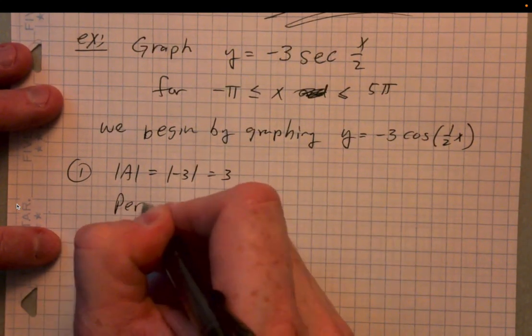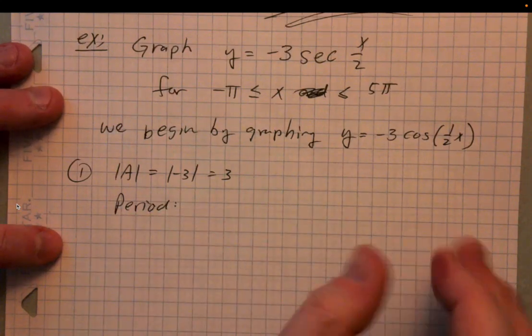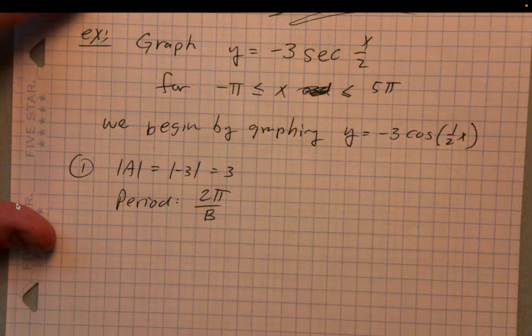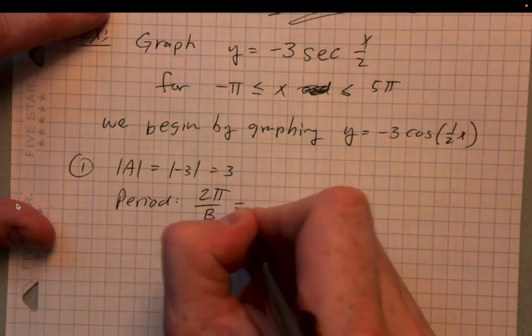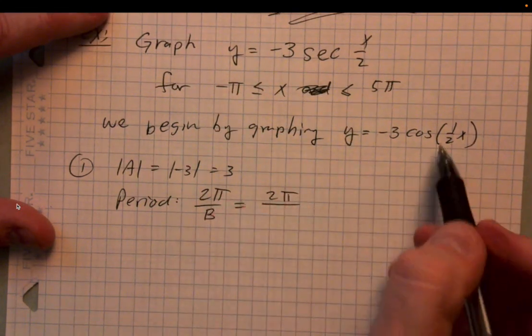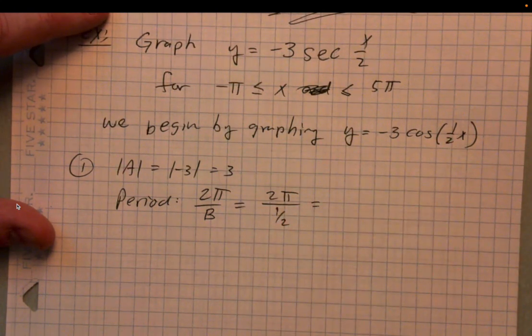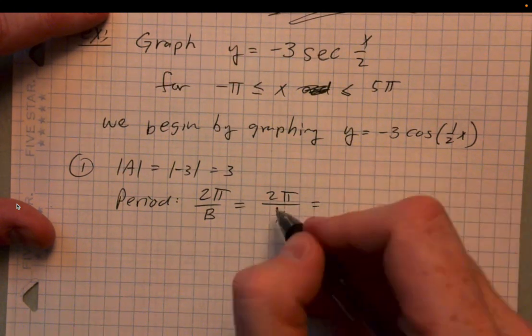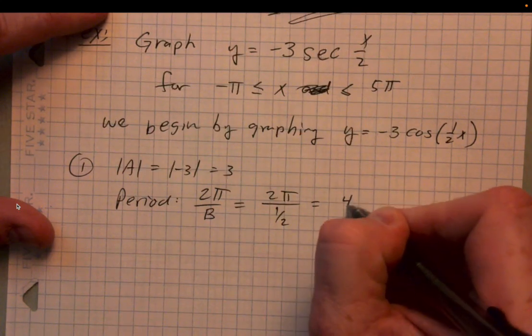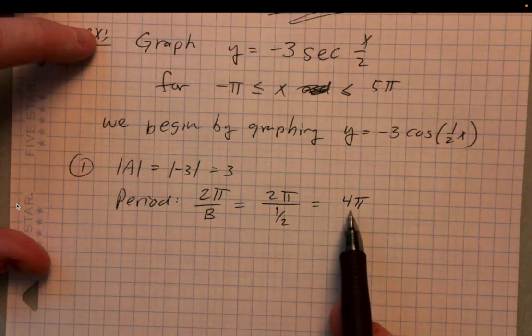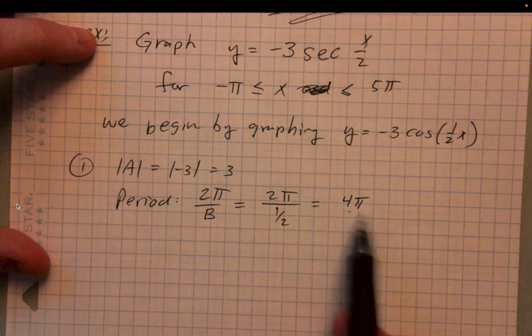The period, how do we find the period? Well, remember the period is equal to 2 pi over b, right? So in this case, you've got 2 pi, and b in this case is 1/2. And so 2 pi over 1/2, if you do the arithmetic there, you can see that that's 4 pi. Okay, so this is going to extend the cycle, make the cycle longer.